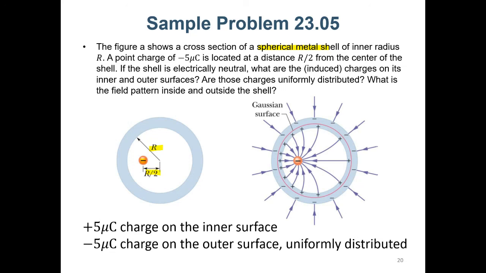So it's not actually at the center of the sphere. If the shell is electrically neutral, what are the induced charges on its inner and outer surface? Are those charges uniformly distributed? What is the field pattern inside and outside the shell?